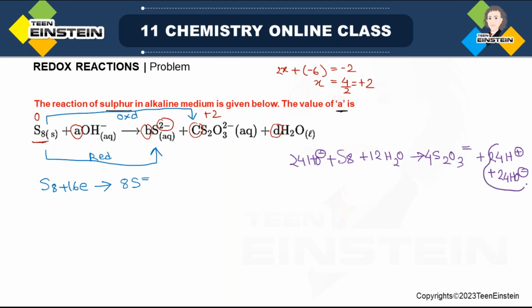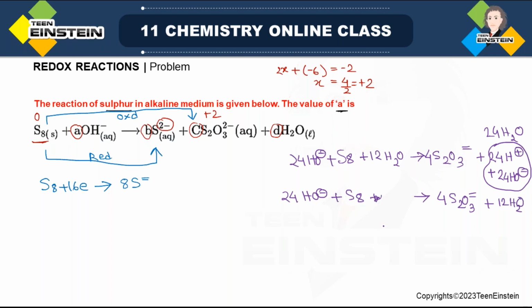So from this part you are getting 24 water moles. So finally what we have obtained is 24HO⁻, 24H2O, here it is 12, and 4 S2O3²⁻ and 12H2.